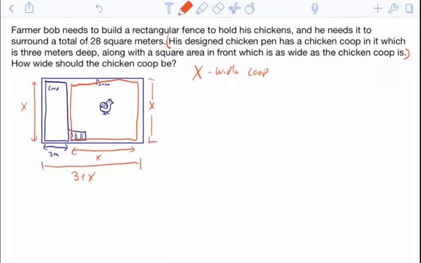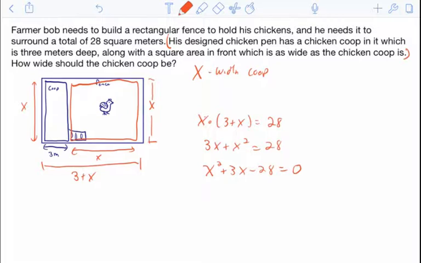So the relationship between these sides is that x times 3 plus x is equal to 28. So I can rewrite this as 3x plus x squared is equal to 28. Oh, look. So this becomes x squared plus 3x minus 28 is equal to 0.